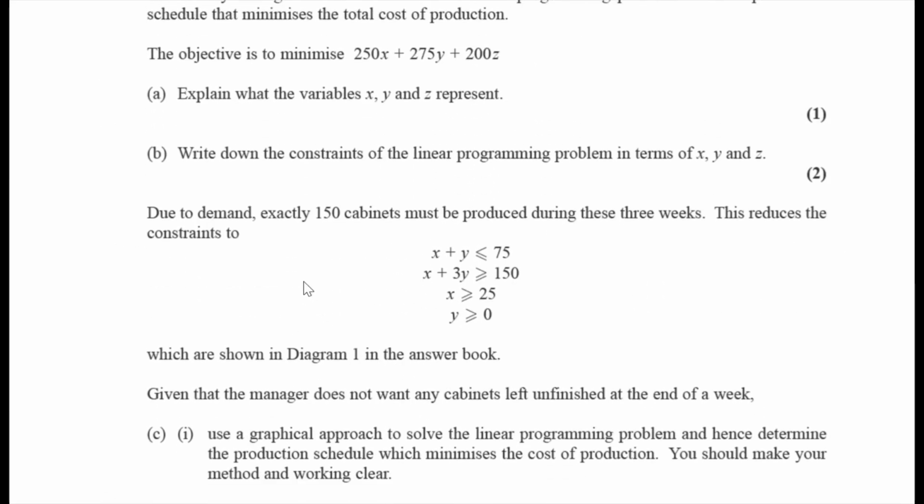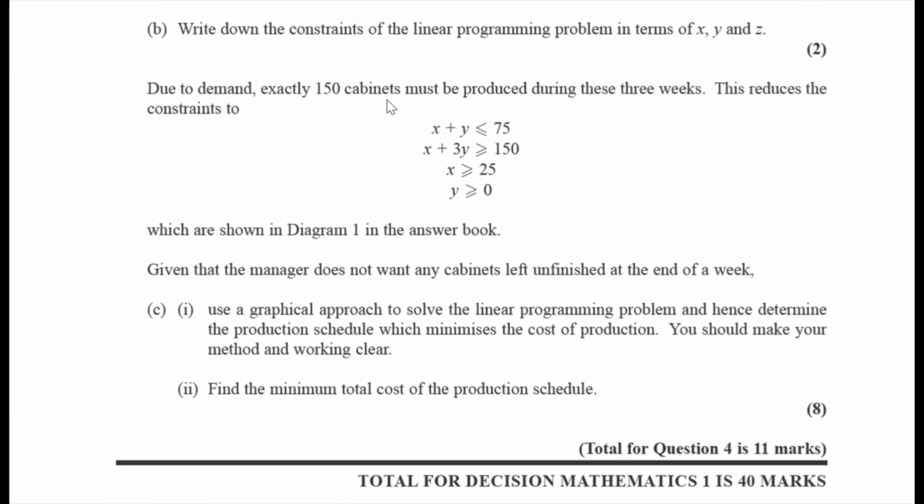Now for part C. Due to the demand, exactly 150 cabinets must be produced during these 3 weeks. This reduces the constraints to the following, which are shown in diagram 1 in the answer book. And given that the manager does not want any cabinets left unfinished at the end of a week, we have to use a graphical approach to solve the linear programming problem and hence determine the production schedule which minimizes the cost of production.